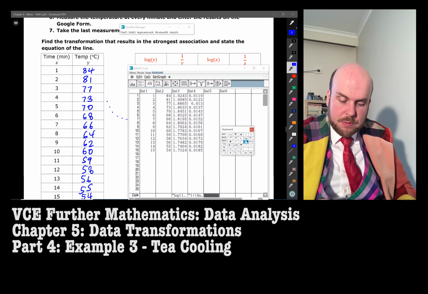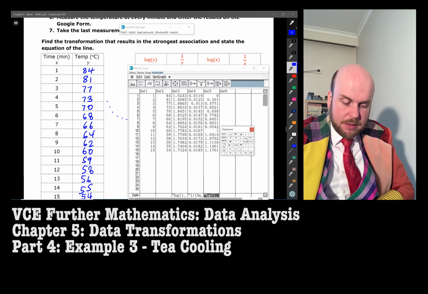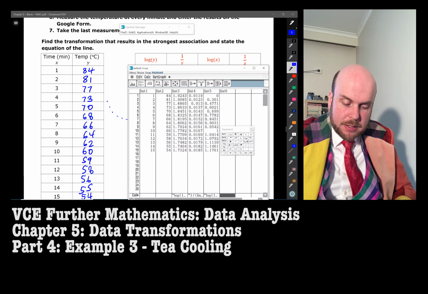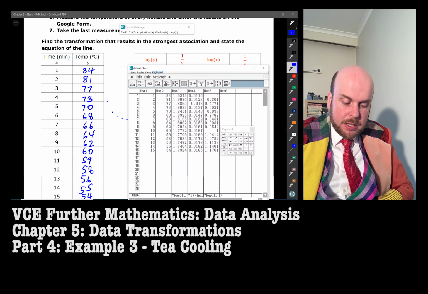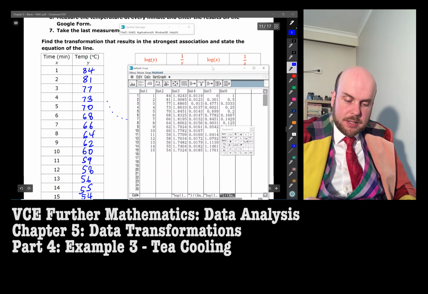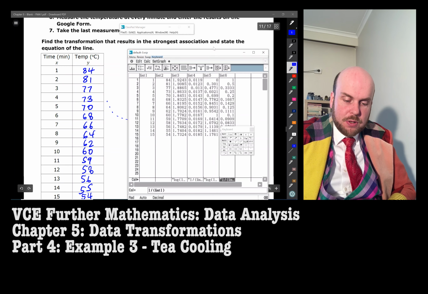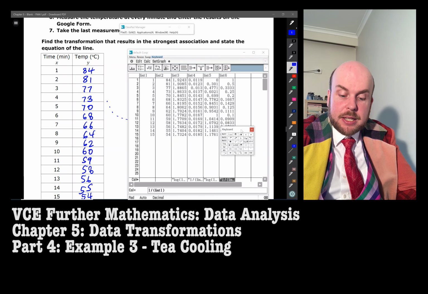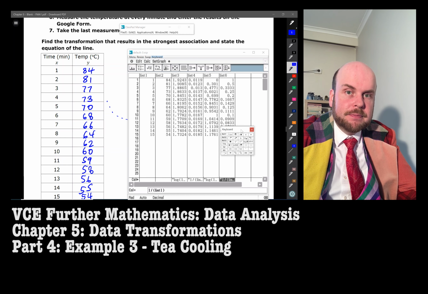And then in the third one, I'm going to do log 10, and because it's the x values, I'm going to write list 1. And then for this one, I'm going to do 1 over list 1. So hopefully your values should look something like that. I suggest pausing the video so you can go and have a go at it yourself.